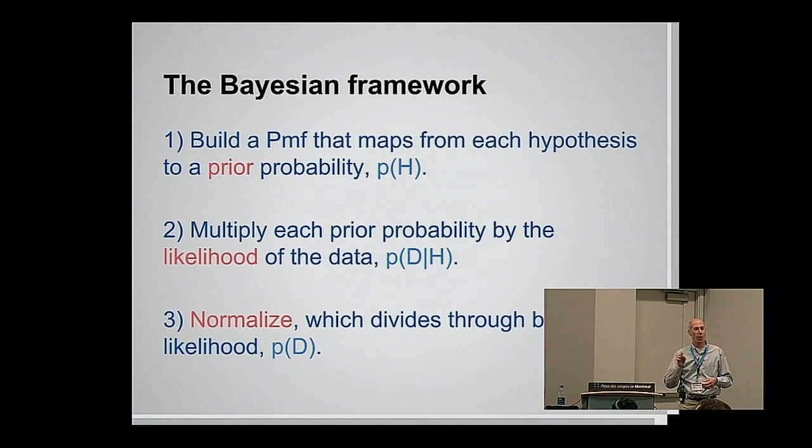And then when you normalize the PMF, what you're really doing is dividing through by the total likelihood of the data, which is P of D, which is the denominator of Bayes' theorem. Okay? So all the pieces of Bayes' theorem are there. We're just going to see them now in their computational form.